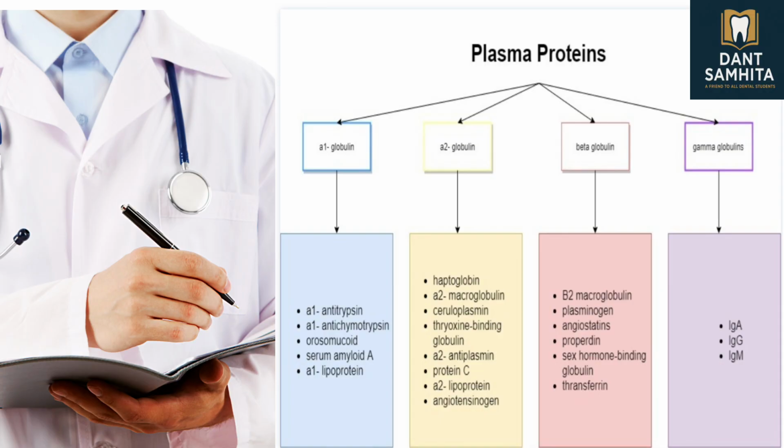Under alpha 2, the names themselves start with alpha 2: alpha 2 macroglobulin, ceruloplasmin, alpha 2 antiplasmin, alpha 2 lipoprotein, protein C and haptoglobin. Beta globulin will have beta 2 microglobulin, plasminogen, angiotensin, properdin, sex hormone binding globulin and transferrin. And gamma globulin will have all your antibodies, that is IgA, IgG and IgM.